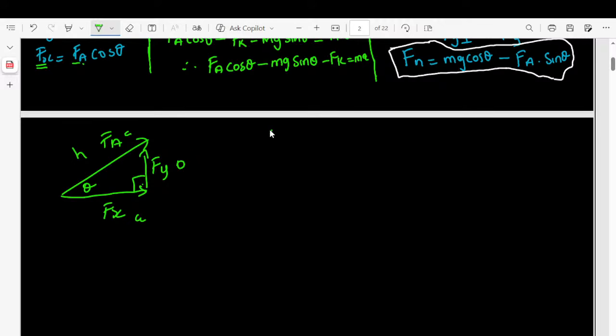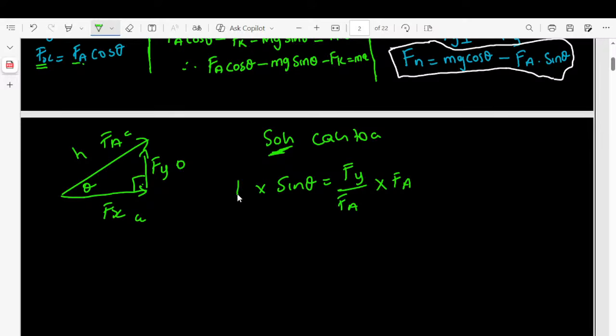If I use SOH CAH TOA, we have the opposite and the hypotenuse, so sine of theta is equal to my opposite, which is Fy, all over my hypotenuse, Fa. We make Fy subject of the formula by multiplying both sides by Fa. Therefore, this cancels, and Fy is equal to Fa sine theta. You see why we are saying that this is Fa sine of theta.